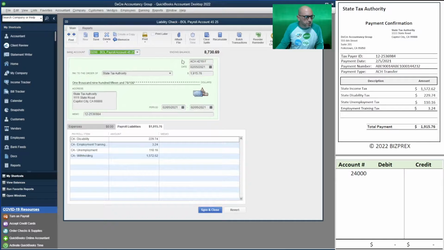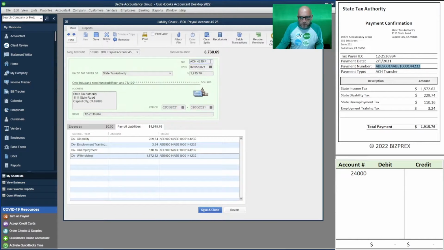So we're creating this check. Okay, again, we could essentially do it as an ACH right here. Let's see, what did we do last time? Payment. I can just use this payment number as our memo.